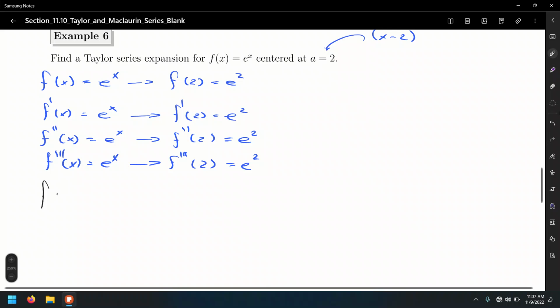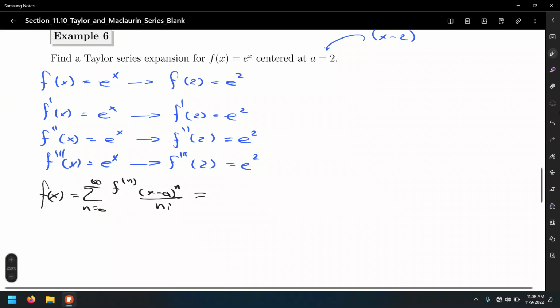So f of x equals the sum from n equals 0 to infinity of the nth derivative times x minus a. In the previous exercises we just used x to the n power. This time we're going to use x minus a because we have a different center, a, to the n power over n factorial.